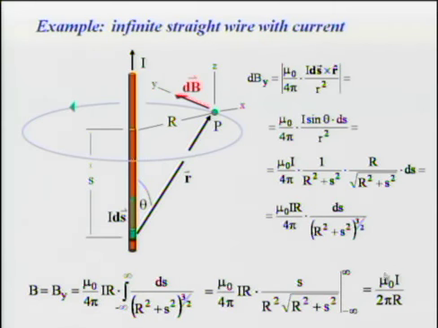cancels. So we got that the magnetic field strength at this location is equal to the permeability of free space multiplied by the current flowing in the wire divided by 2 pi times the distance of the point of interest from the wire. And this expression should make us happy.